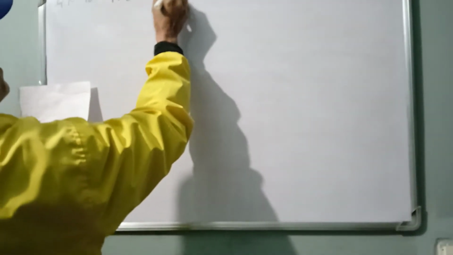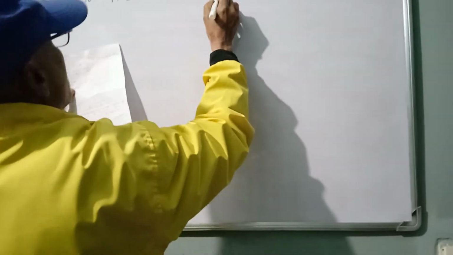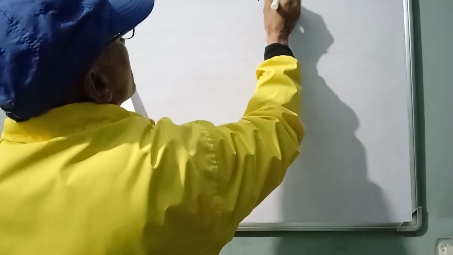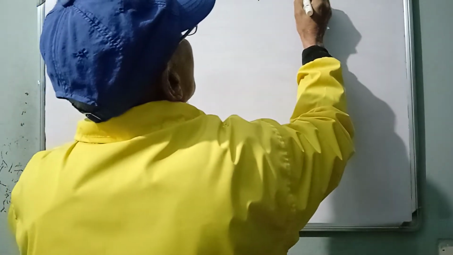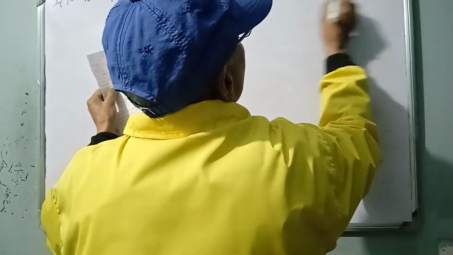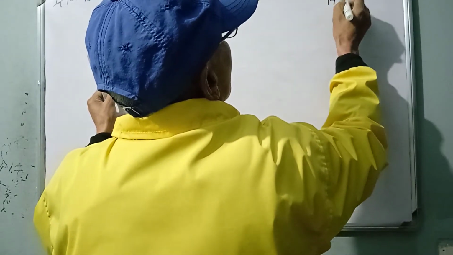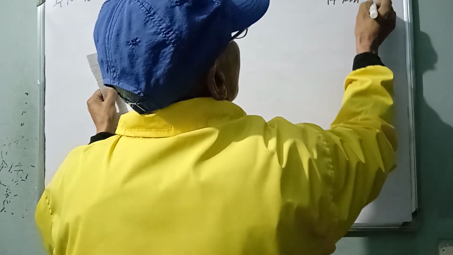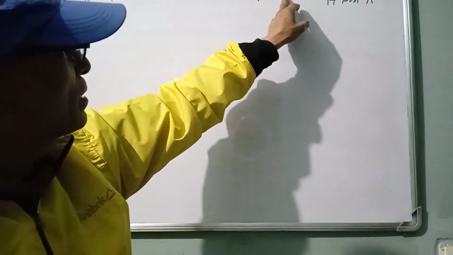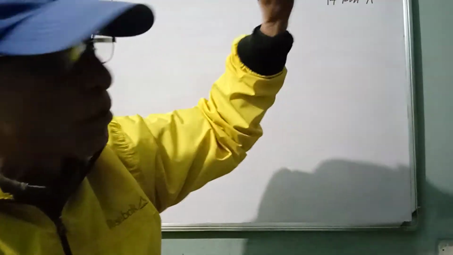Prove that 2 sin square (pi by 4 minus A) equals (1 minus tan A) whole square upon 1 plus tan square A. This is the question. See, how to write down: 2 sin square (pi by 4, means 45 degree, minus A) equals (1 minus tan A) whole square upon 1 plus tan square A.